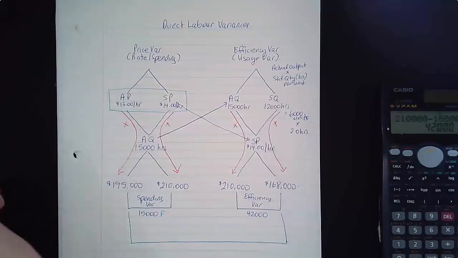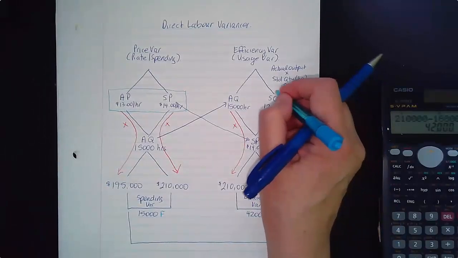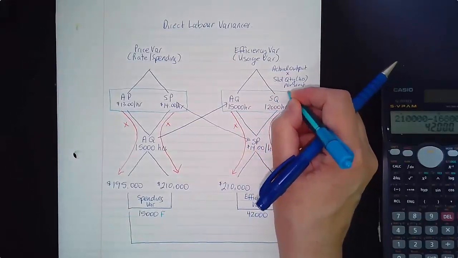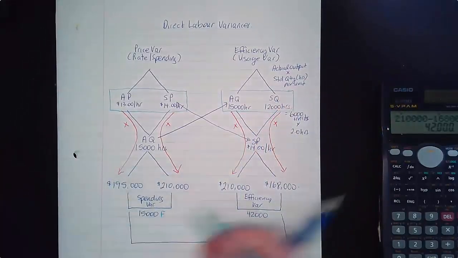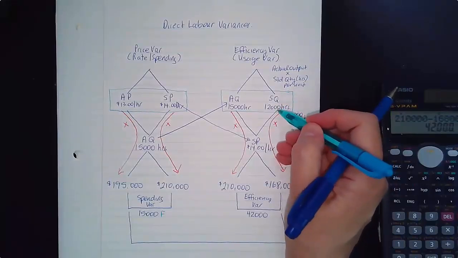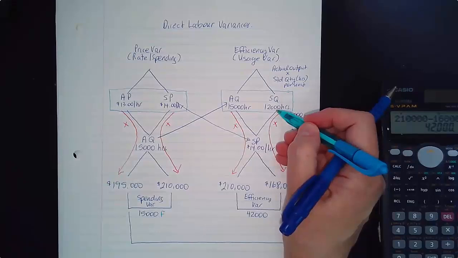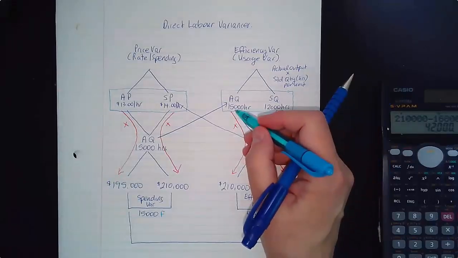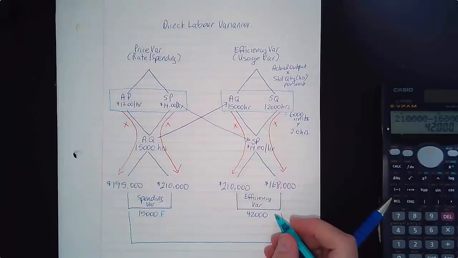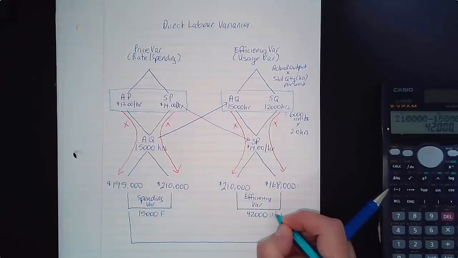To determine if it's good or bad, we go to the center of the diamond. We should have taken 12,000 hours to finish our job, but we took 15,000 hours. Was that good for the company or bad? And the answer is it was bad because we took longer than we should have. So this is an unfavorable variance.